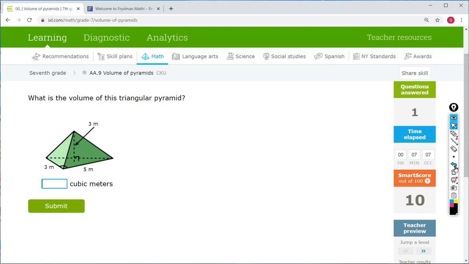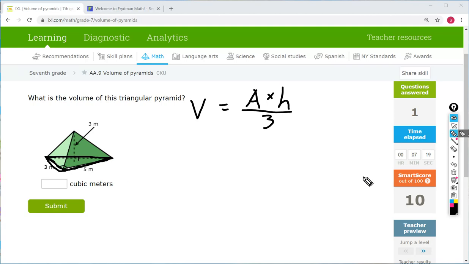So going back over here, if I want to find the area of that triangle, I'm going to have to do 5 times 3 divided by 2. So now my equation is volume equals, for the area, we're going to write 5 times 3 divided by 2.